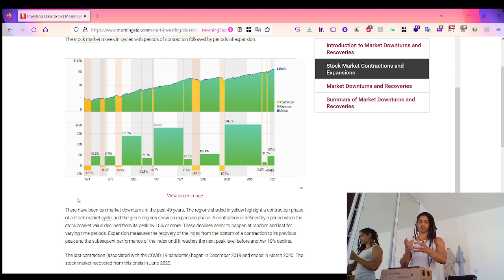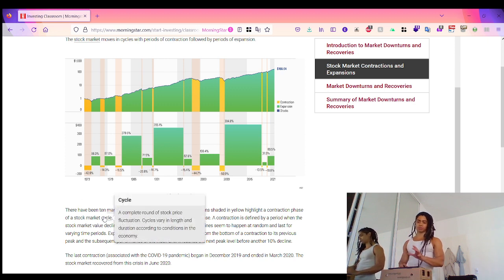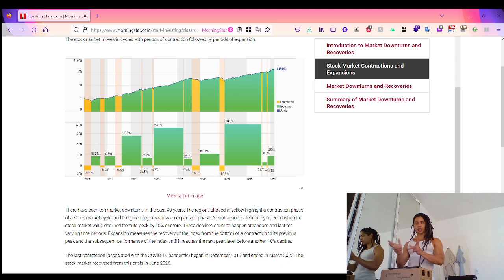There are several concepts here. What is a cycle? It's a complete round of stock price fluctuation, and these cycles may vary in length and duration.